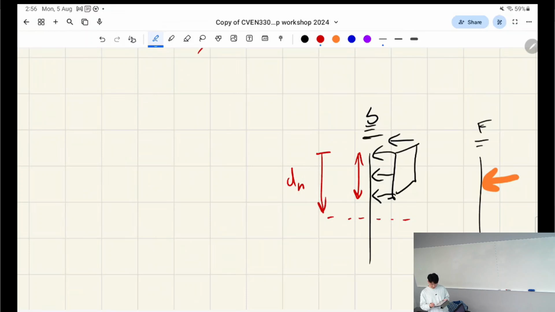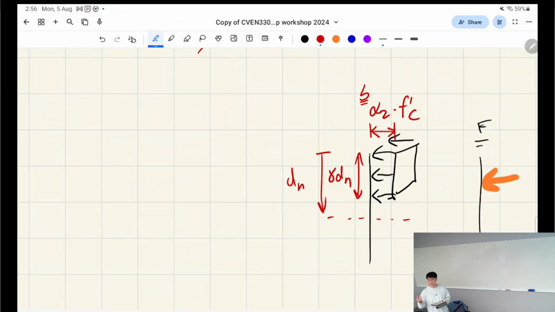If that's where the neutral axis is, right? The compressive concrete, the rectangular stress block, has a depth of gamma dn. So gamma is a reduction factor, which is basically just shifting where that block is relative to the neutral axis up a little bit, right? This axis here is alpha 2 fc, right?